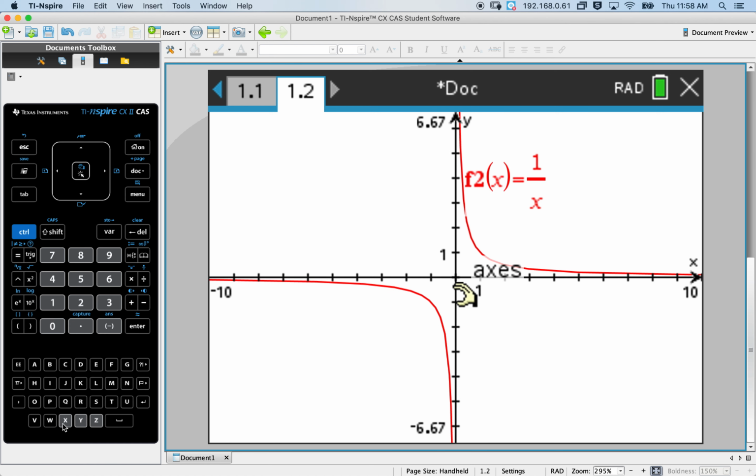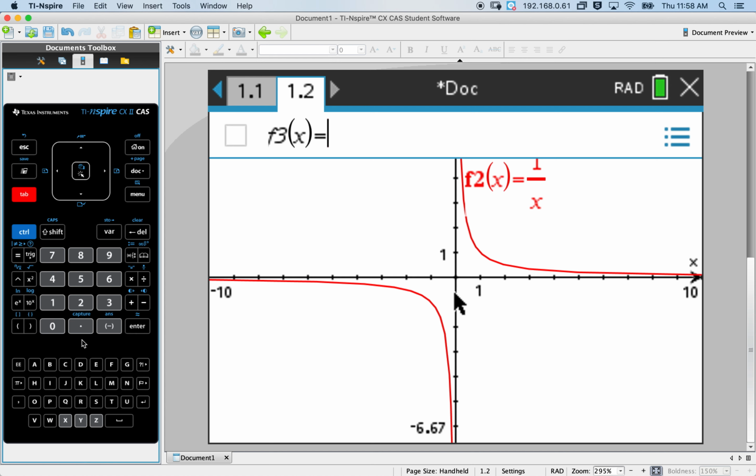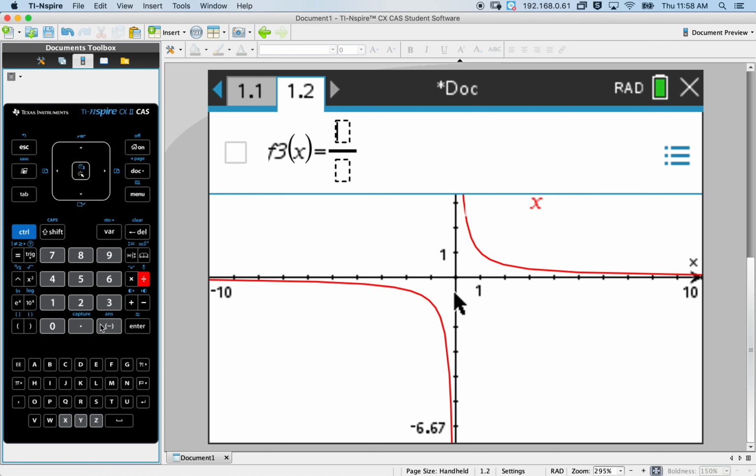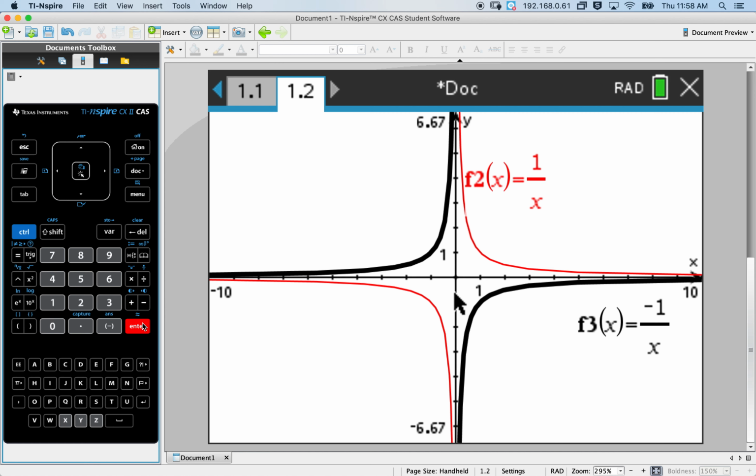I'm not quite sure what I'm doing to make that syntax error, but okay. There's -1/x, so there are our boundaries.